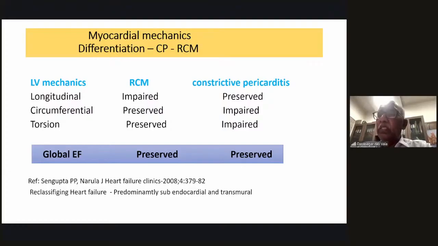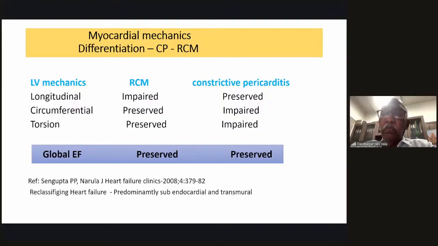So initially, at least, there is a loss of longitudinal function in patients with restrictive cardiomyopathy, whereas circumferential function, which is epicardial, is preserved in restrictive cardiomyopathy, whereas it is impaired in constrictive pericarditis.